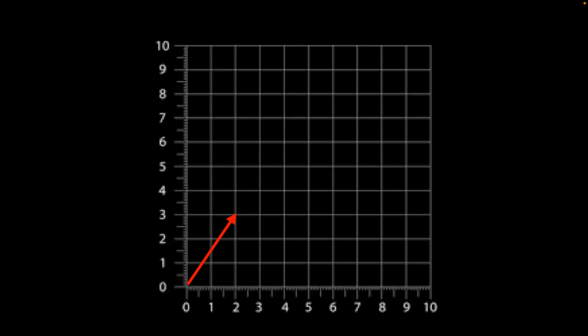Just as long as the length and its direction remain the same, it's considered the same vector. So this vector is the same as this vector, which is the same as this vector, which is the same as this vector. All those vectors that we just saw are the same one, because they involve the same amount of change along the x-axis and the same amount of change along the y-axis.